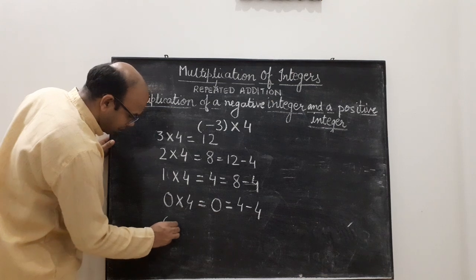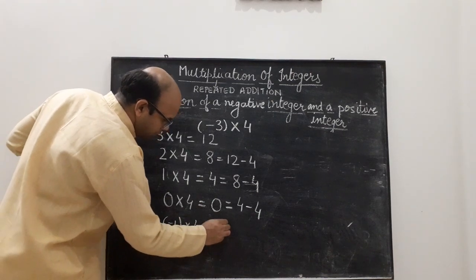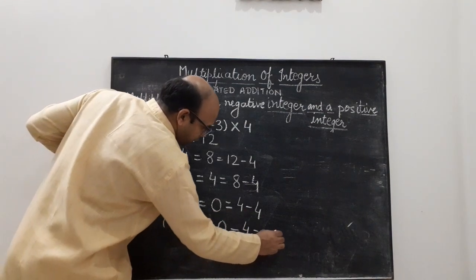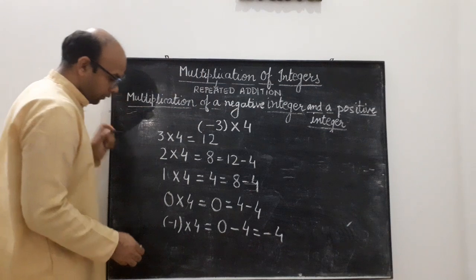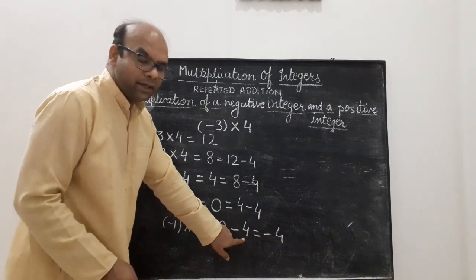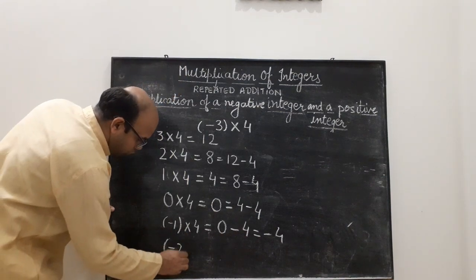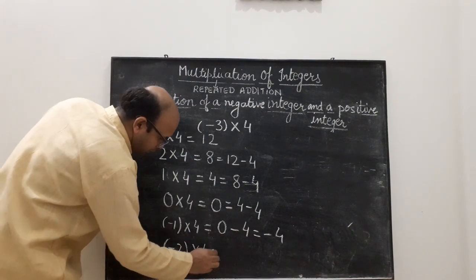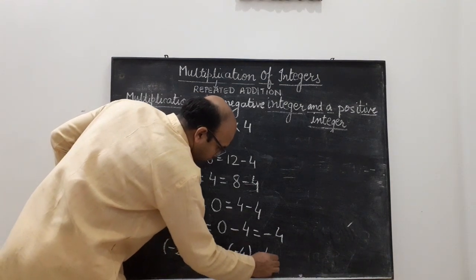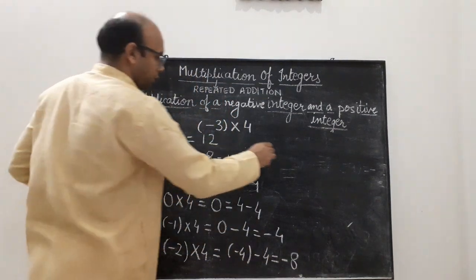Now what will be minus 1 cross 4? Now we are subtracting one 4 from 0, and we are getting minus 4, because we are taking 4 one less number of times, that is why we are subtracting 4 from the result. Minus 2 cross 4 is minus 4 minus 4, which is equal to minus 8.